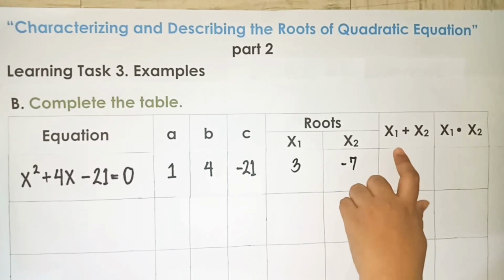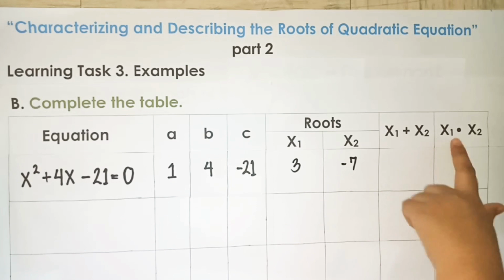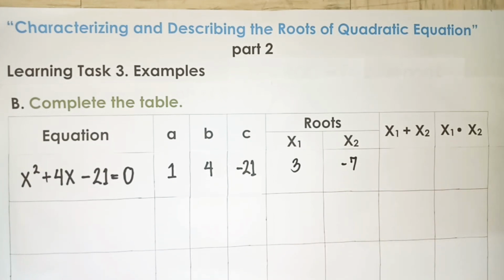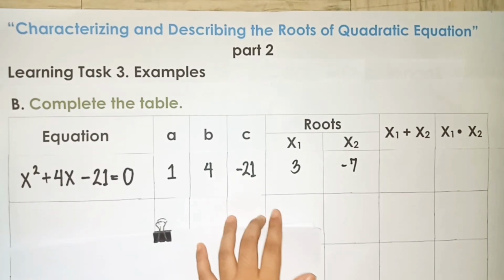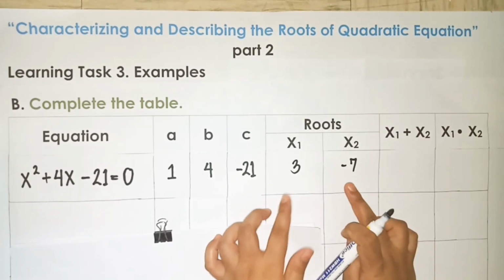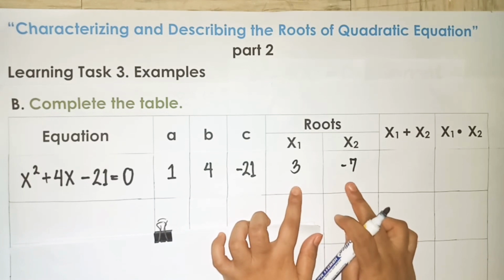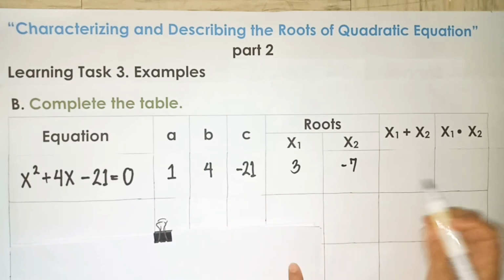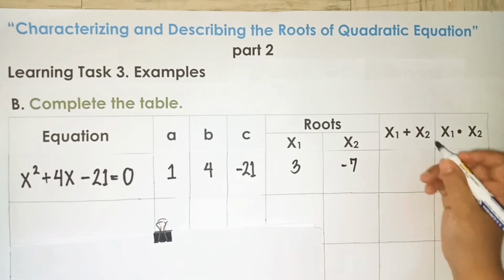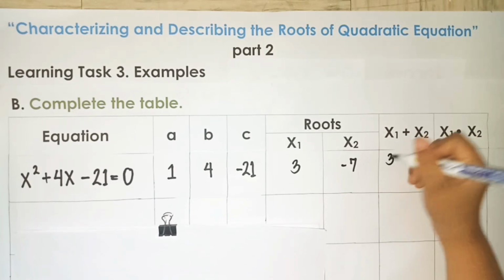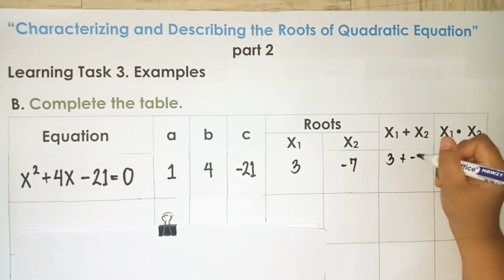Now, how are we going to find the sum and the product of the roots of the quadratic equation? Okay. Actually, we don't need the formula anymore because we already have the roots. We're done finding the roots. So, if we're going to add x sub 1 plus x sub 2, it will be like this. 3 plus negative 7.